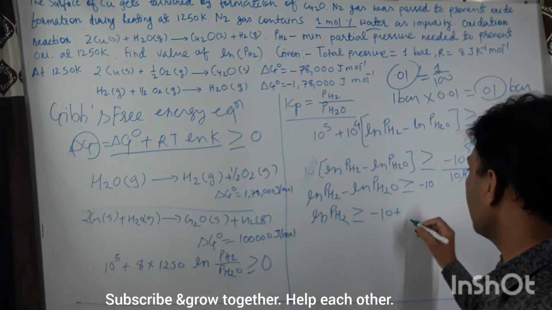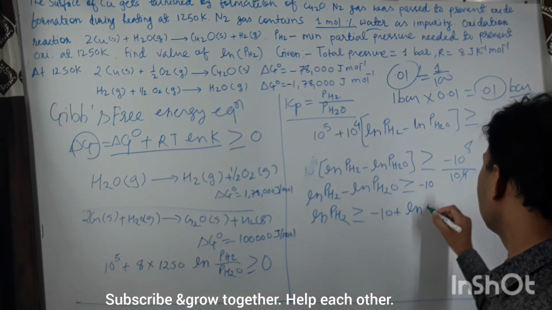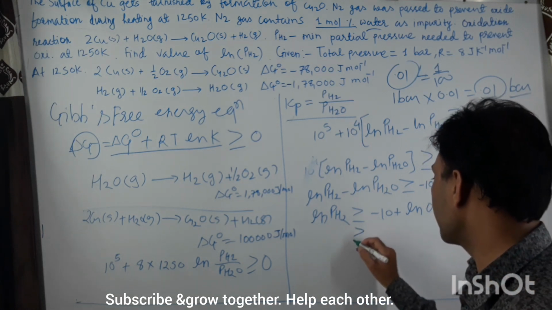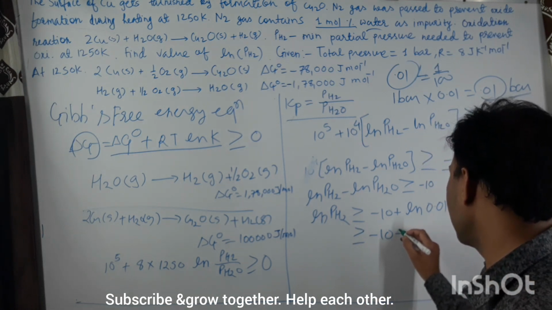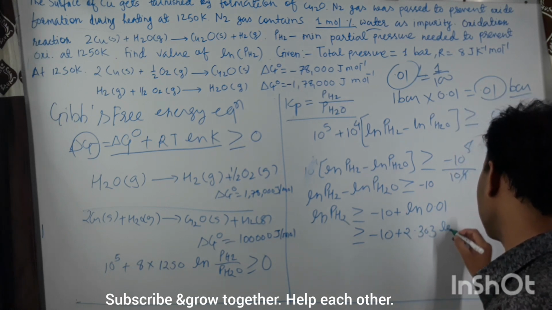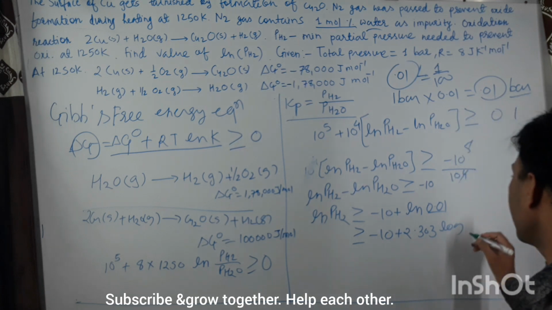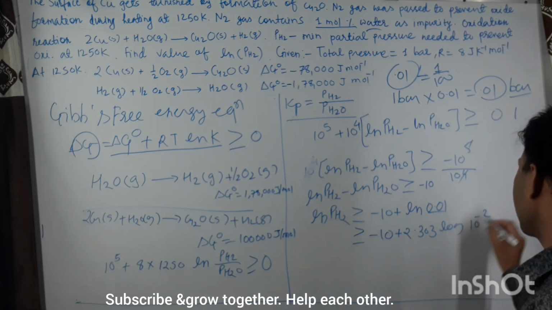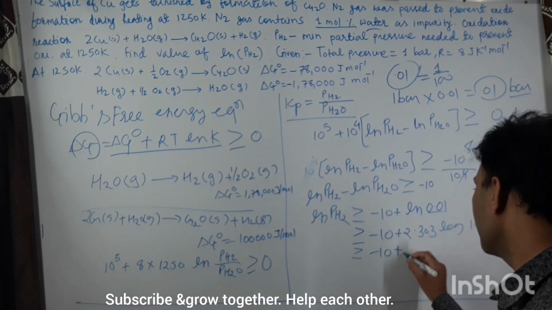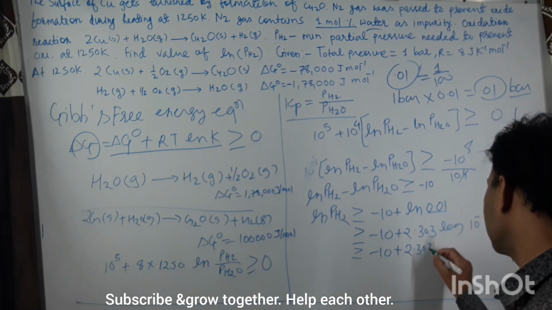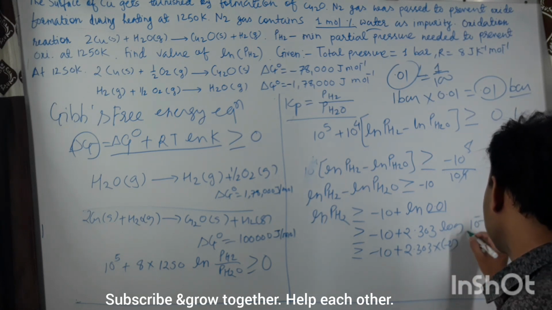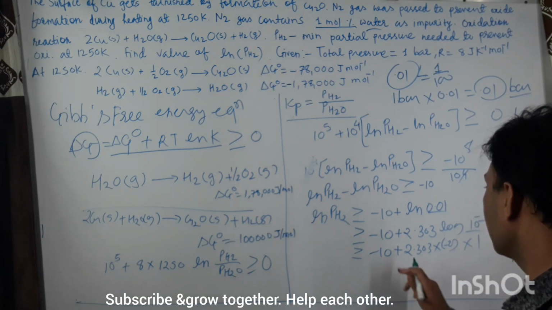So 0.01 is the partial pressure of the water vapor. So it will become ln 0.01 bar. We have to solve this: greater than or equal to minus 10 plus, we have to convert ln into 2.3 log. ln 0.01, that means 10 raised to power minus 2, greater than or equal to minus 10 plus 2.302 into minus 2 log 10, which will be 1.